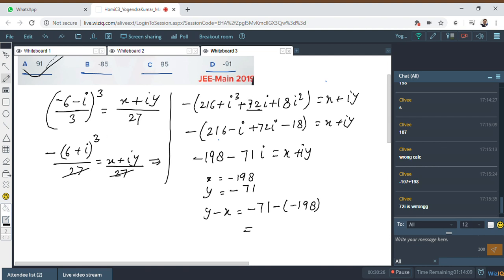Actually, it is 3 times 36, which is how much? 108. Yes, that is a mistake, sorry. So it will be 108i. Okay, so it will be 107. Okay, now it's correct. 91.